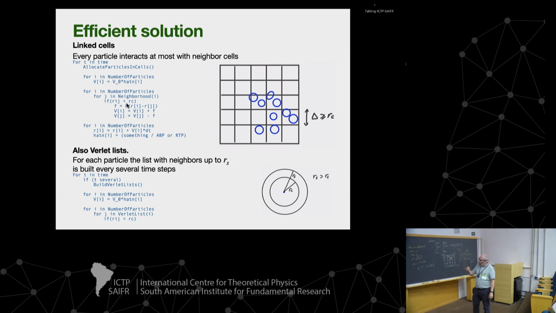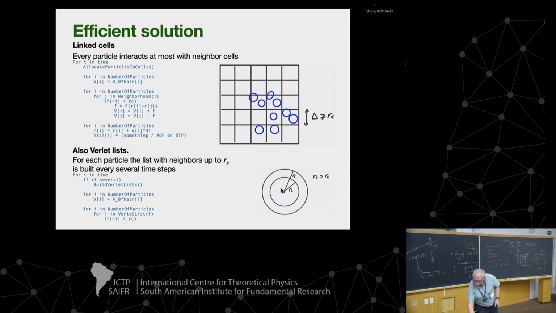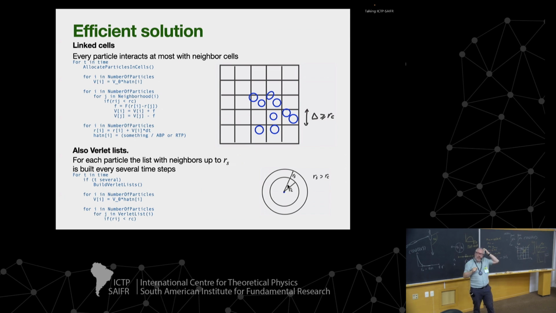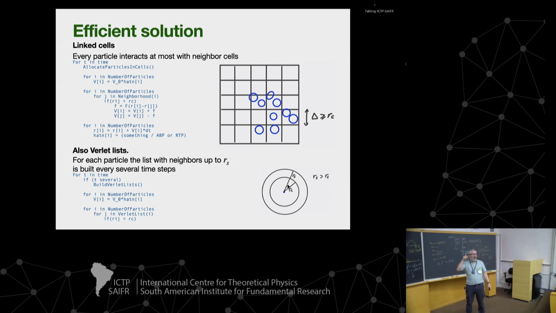And the other solution was invented by Verlet. The particle has this interaction radius, RC, and you define a skin radius that's a bit larger, RS. And every now and then, not every time step, you build the list.